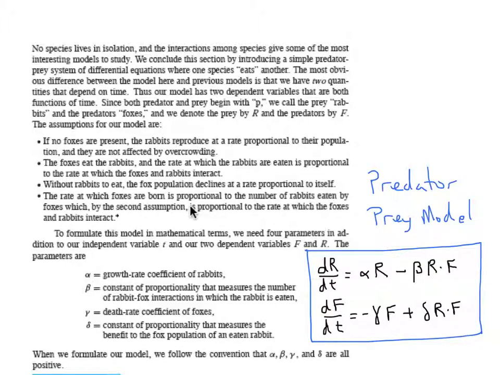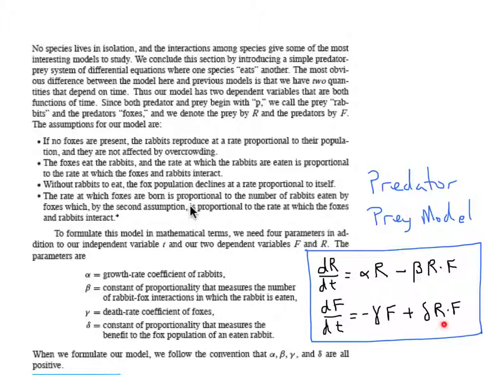So one more time, a positive term here corresponds to a positive growth rate of the rabbits. The negative term here has a negative influence on the rabbit population, corresponding to how often the rabbits and foxes interact, and beta represents the success rate of those interactions for the foxes, and how often they eat a rabbit. And again, this is a negative growth rate for the foxes without any rabbits.